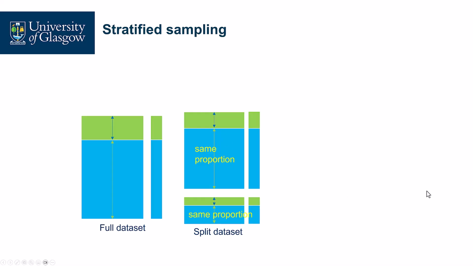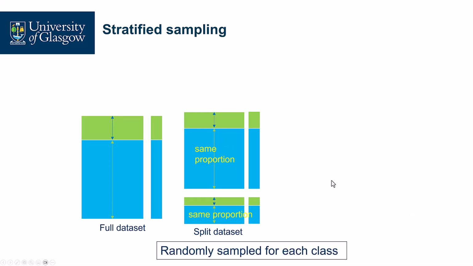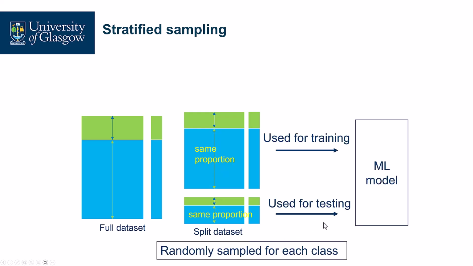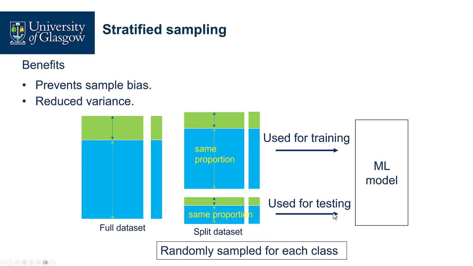Stratified sampling can solve this problem, and within each class, I still do random sampling, right? The benefits include that I prevent sample bias, so I get a better, more unbiased performance evaluation, and I also reduce the variance.